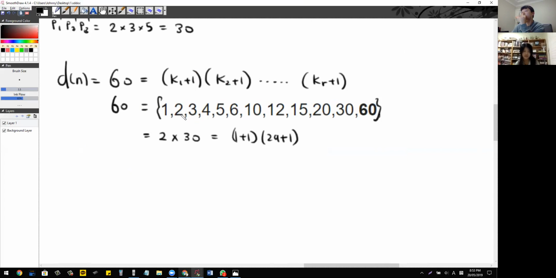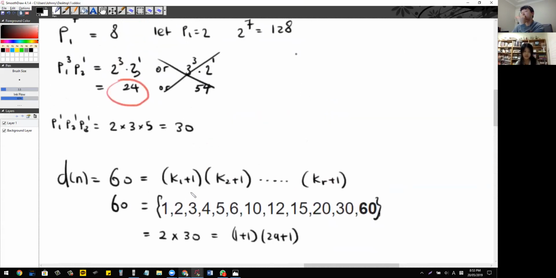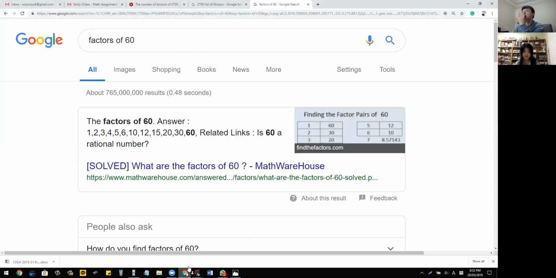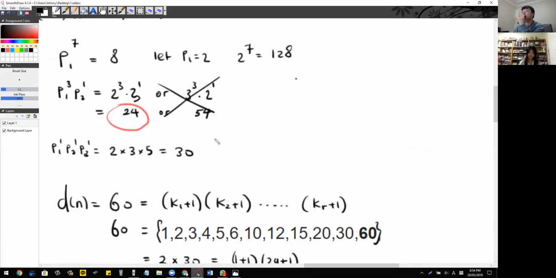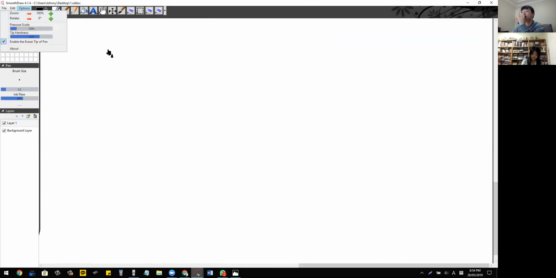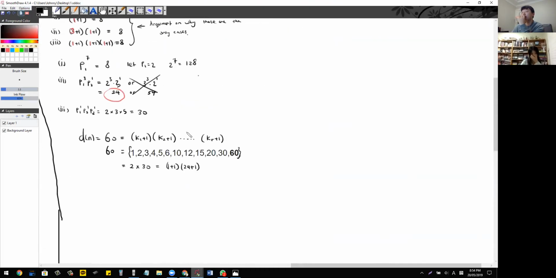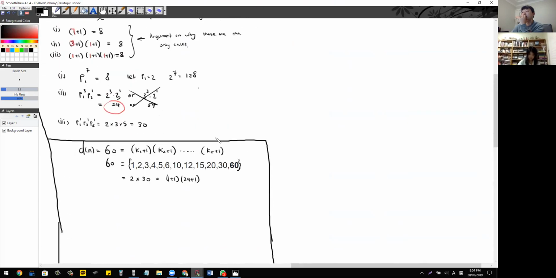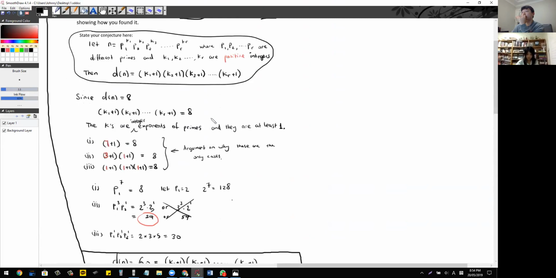So 2 squared times 5 times 3. There's just crazy many possibilities, right? I don't know how to do this one at the moment. So we'll leave it there. Yeah, this is a crazy one. Just giving up for now.